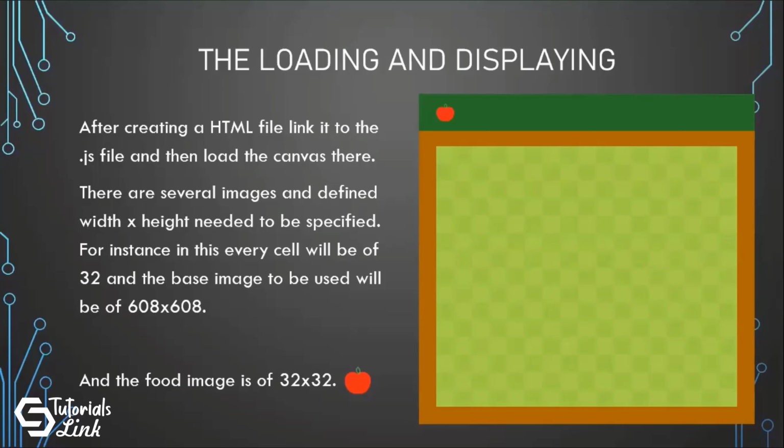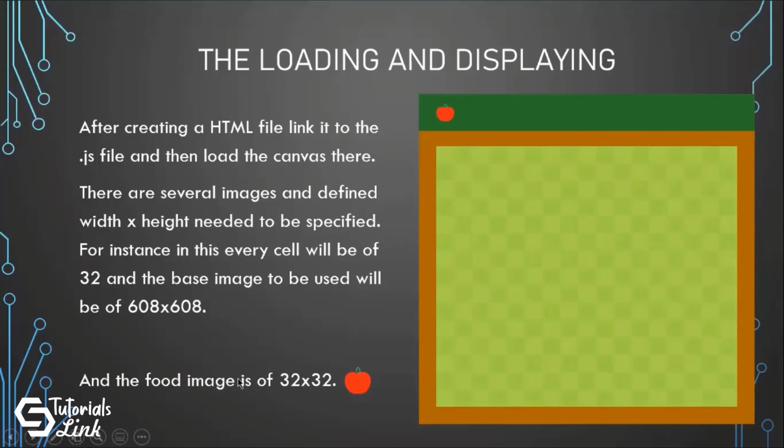There are several images which I have put with defined width and height. For instance, every cell of this canvas is 32 in height and width. The base image which I have used is 608 in height and 608 in width.